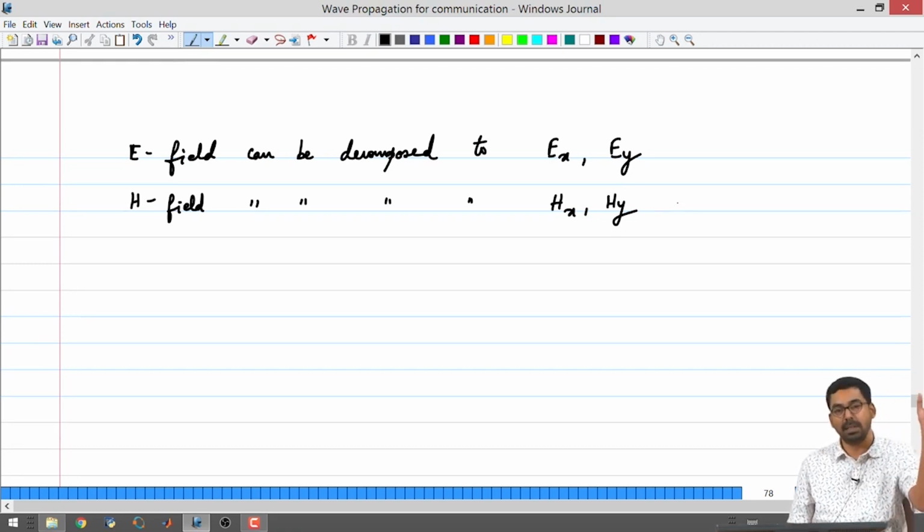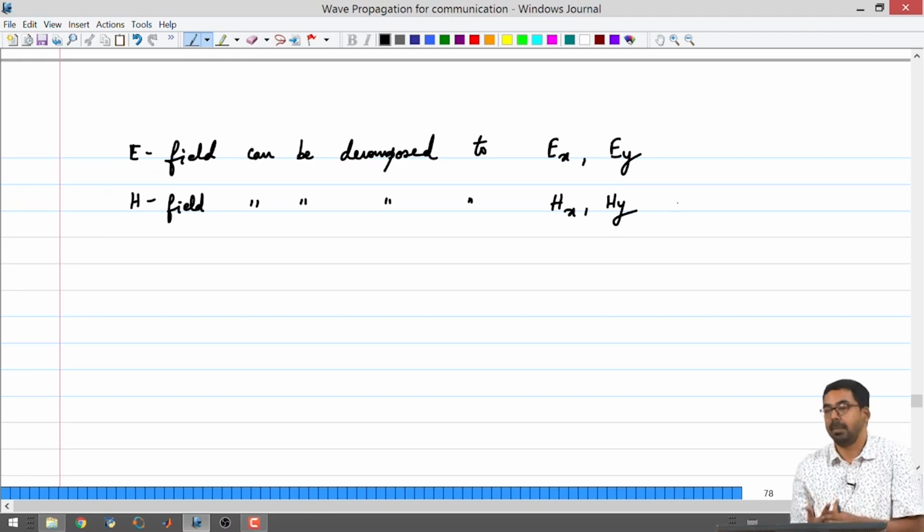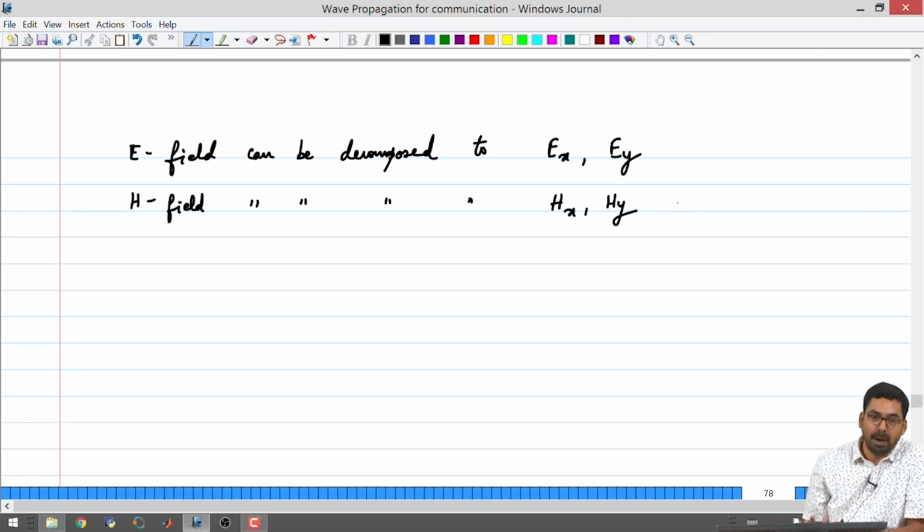What you can do is if you have a source in one place and a receiver in the other place, you can point your thumb from the source to the receiver, and you will notice that the electric and the magnetic fields are going to be perpendicular to this direction of travel, or perpendicular to the longitudinal direction, okay. So, the electric and the magnetic fields are going to have only transverse components, okay.